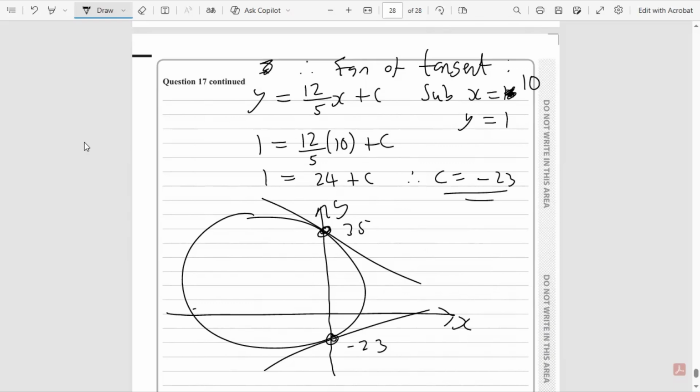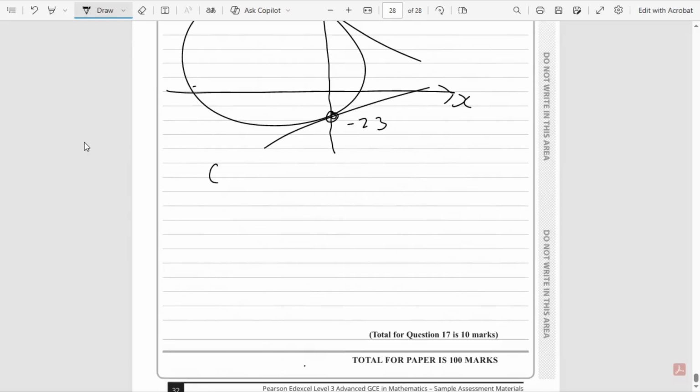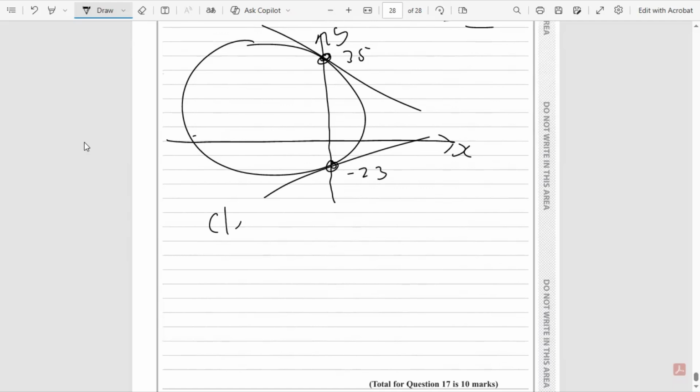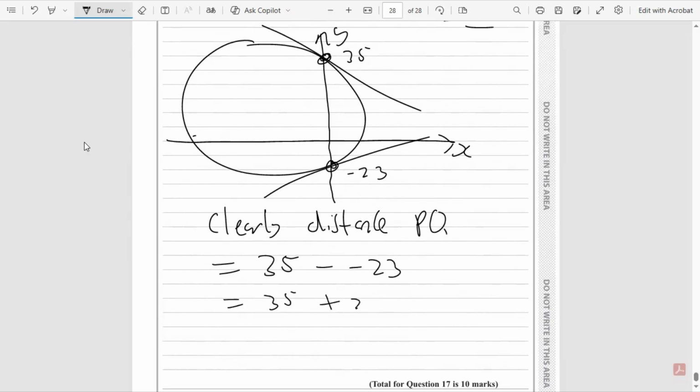So clearly, the distance PQ is 35 subtract minus 23, so 35 plus 23, which is 58, as required.